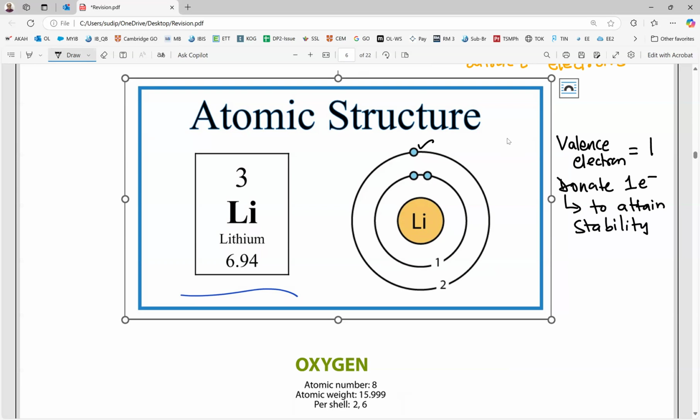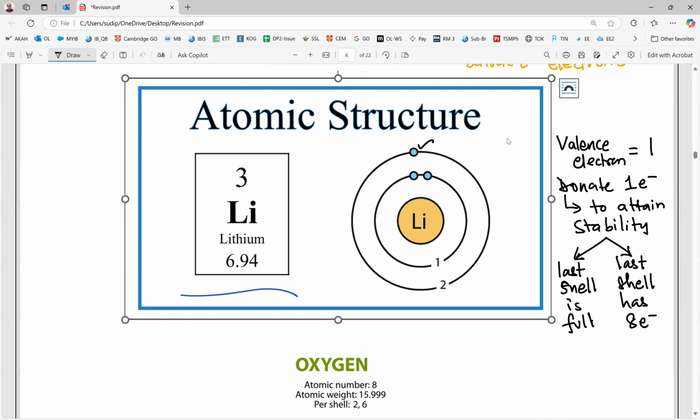The rule of stability is either your last shell is full or the last shell has 8 electrons.